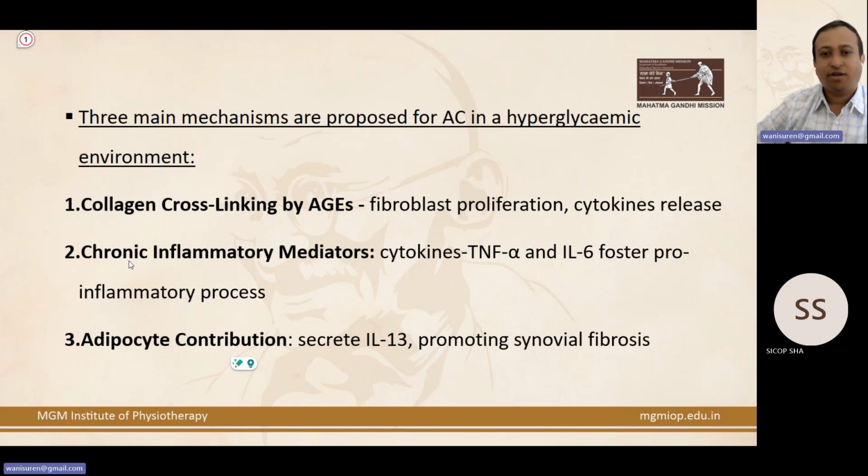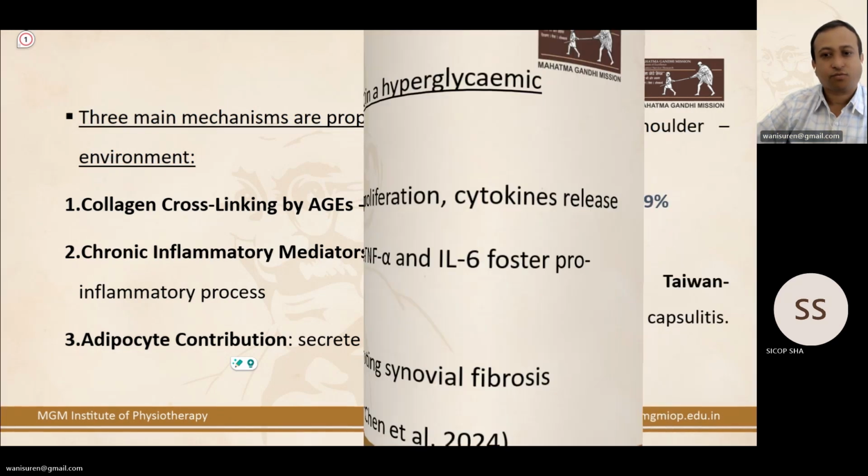Second may be due to the collection of chronic inflammatory mediators like cytokines, TNF alpha, and interleukin 6, which enhance the process of inflammation and may lead to the further cascade that we have discussed earlier. Then another theory is that adipose tissue collection in the body also promotes synovial fibrosis and can also be linked with capsular tightness in patients with adhesive capsulitis. So these are the three mechanisms.